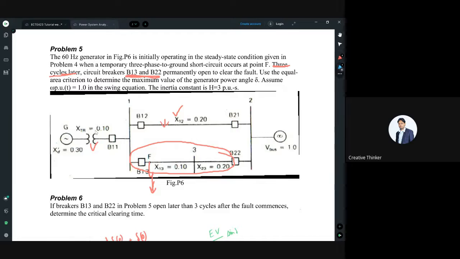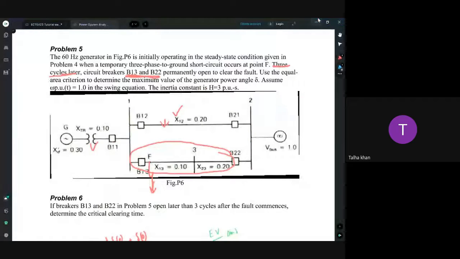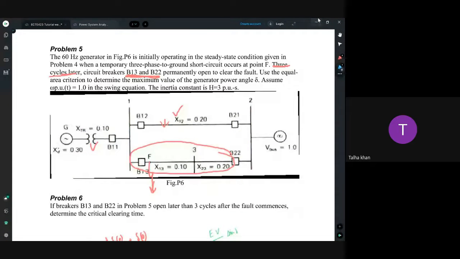Clear? Hello, is my voice audible? Hi sir, can you hear me? Now I can hear you. Is my voice audible clearly? Yes sir. Sometimes your voice is getting blurred. Okay, I'll change the settings.